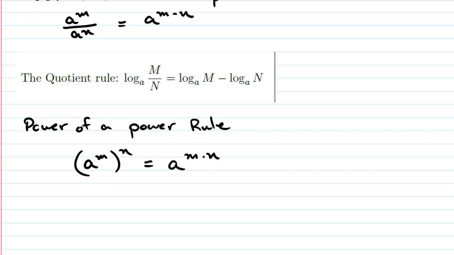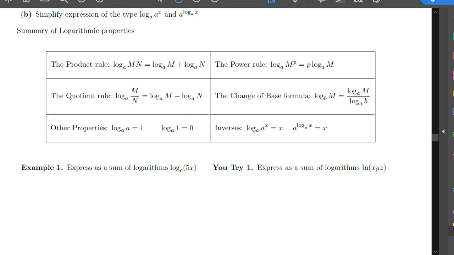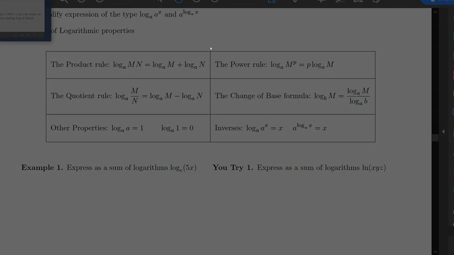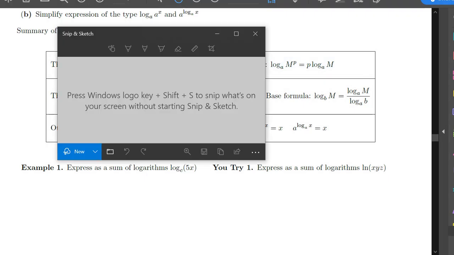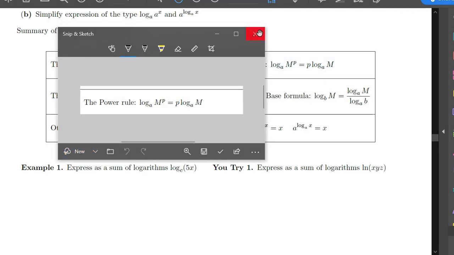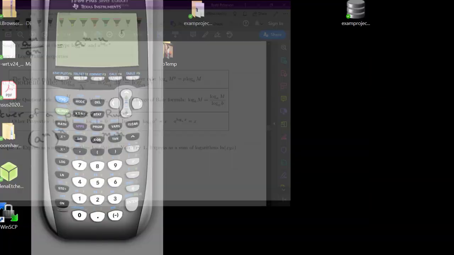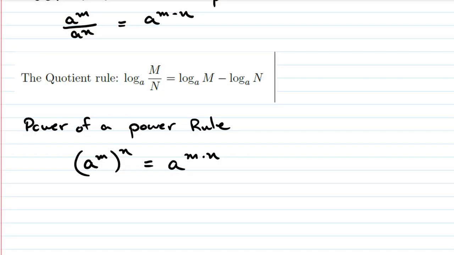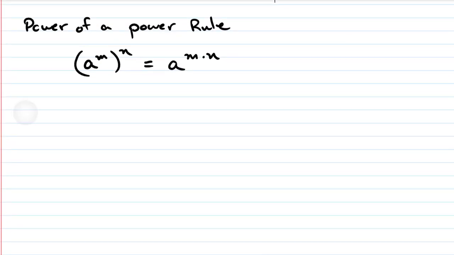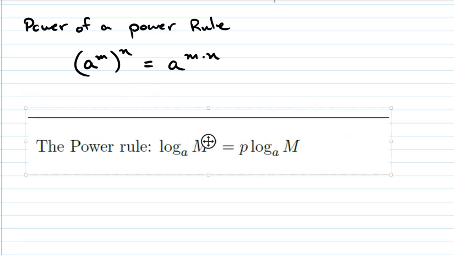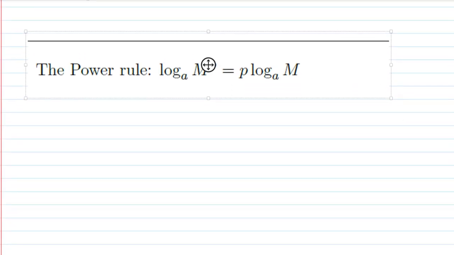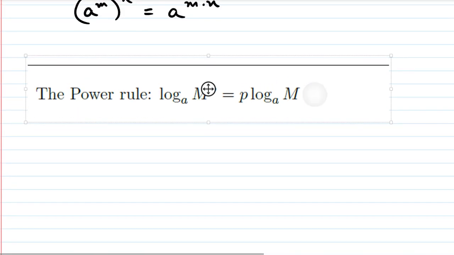So if we look at our corresponding logarithmic property, we get the following. If I have the logarithm base a of m raised to the p power, then that is the same as p times the logarithm base a of m.